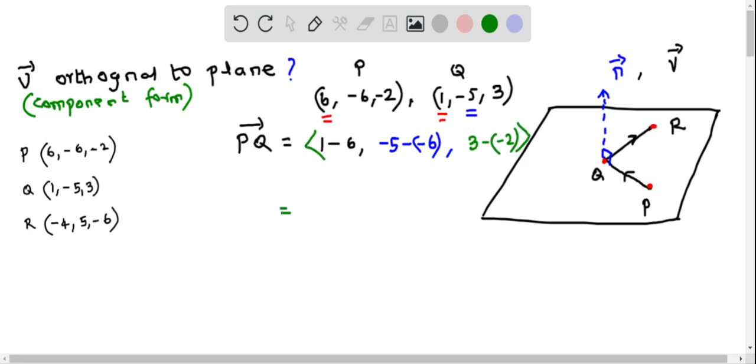So let's simplify this. 1 minus 6 is -5, and -5 plus 6 is +1, and then 3 minus -2 is +2, so 3 plus 2 is 5. So this is how we find the PQ vector. I can mark this PQ vector in component form as -5, 1, 5.